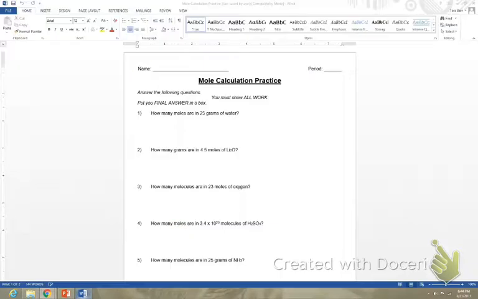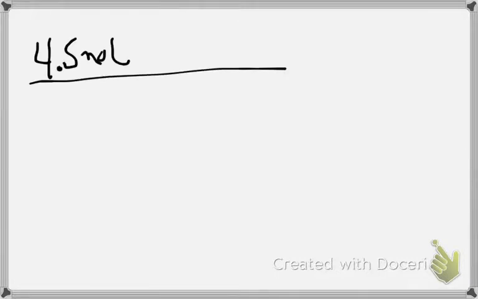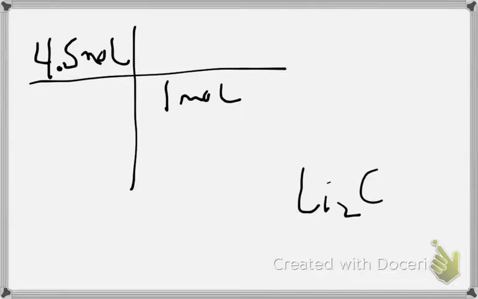I want to know how many grams are in 4.5 moles. I start off with moles, and I need to convert to grams. You always start off with what the problem gives you, which is 4.5 moles, and I need to go to grams. For every 1 mole of Li2O, I'm going to wind up with 29.87.